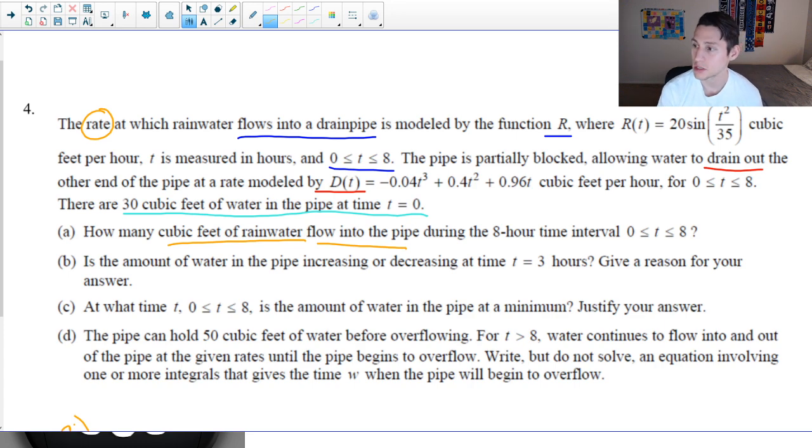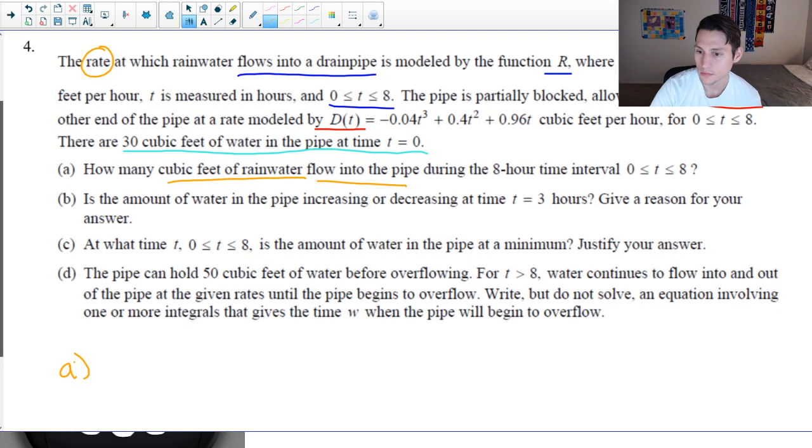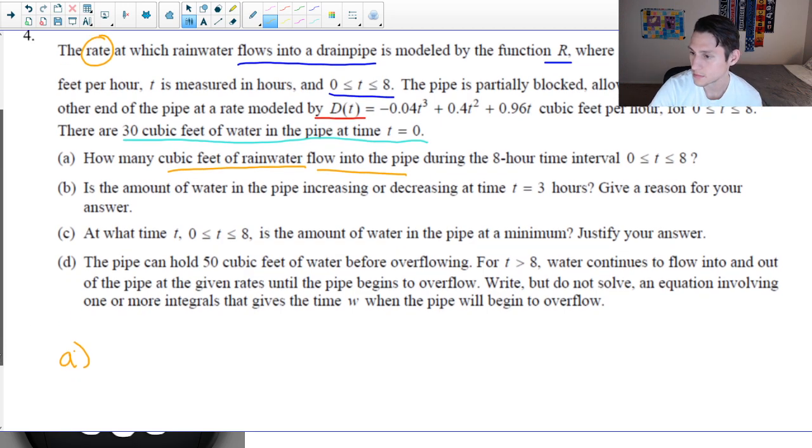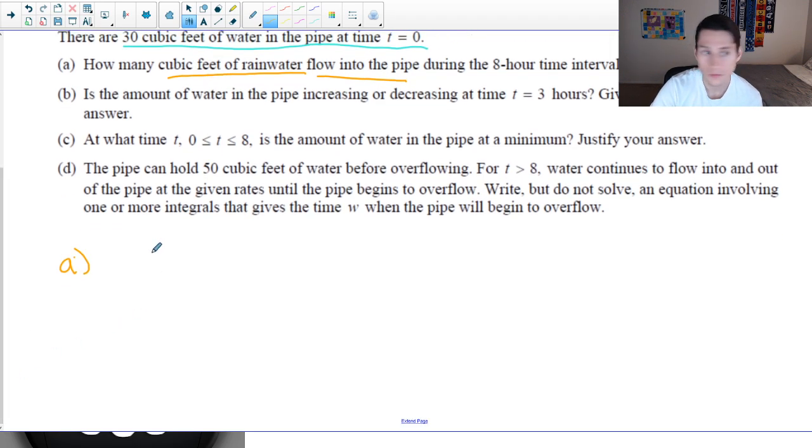Now I just want to know how much rainwater actually went in, so the accumulation of that rate. I'm just going to take the integral.